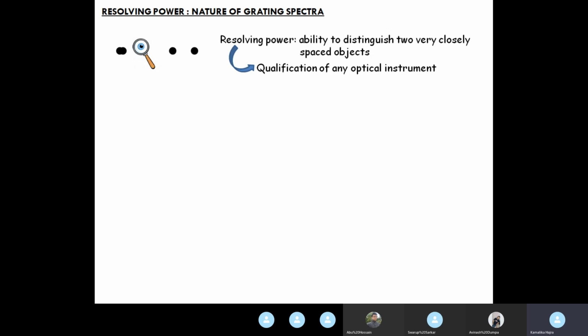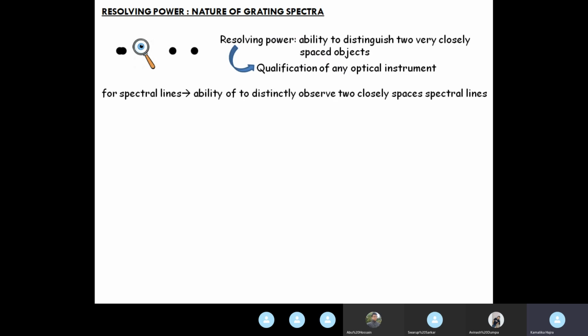If it is not a very highly resolving device, the resolution worsens when you zoom in, okay? So we'll not go into a very deep discussion regarding that. We just need to have an idea what resolving power is. It is the ability to distinguish two closely spaced objects, okay?